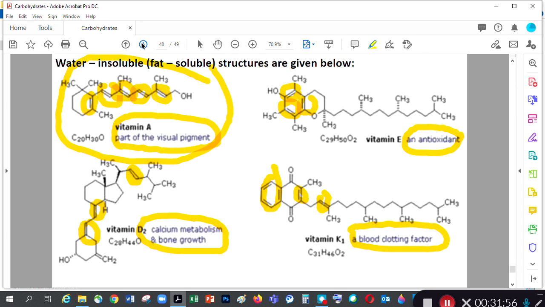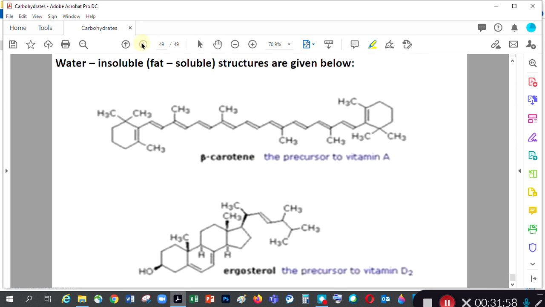Let's go and look at the vitamin A precursor. The vitamin A precursor is beta carotene. See how many? Too many double bonds here. And here's another one. This is a very good antioxidant. Although vitamin A is good for eyesight, it is a very excellent antioxidant because it has multiple double bonds.